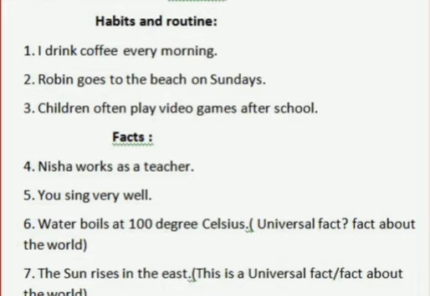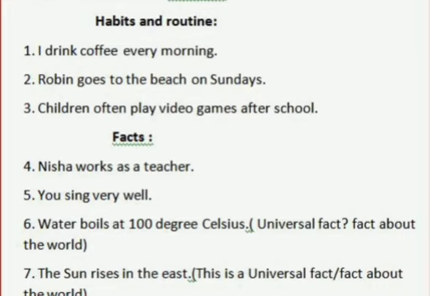Okay, next is water boils at 100 degrees Celsius. That is a universal fact. We already explained simple present tense is used to express habit or routine or a fact. See, that is a universal fact. When you try to boil water, it boils at 100 degrees Celsius. That's a common fact. It's a universal fact, or a fact about the world.